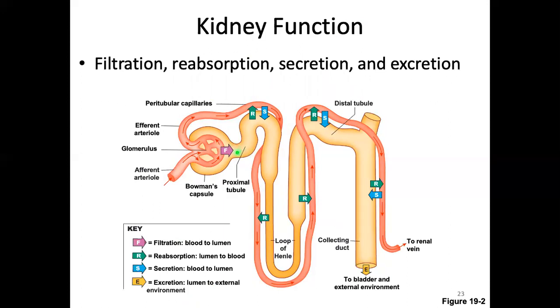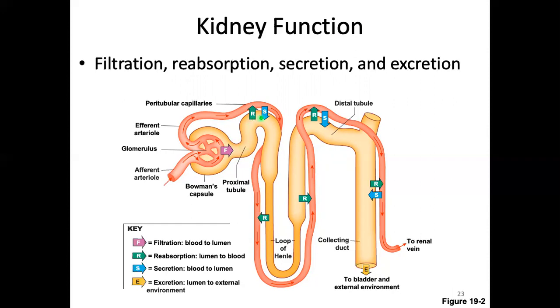When I say everything else, would glucose be filtered out? Yes. Would sodium ions be filtered out? Yes. Would bicarbonate? Yeah, it would. What about CO2, oxygen? Yes. Amino acids, they would too. Okay, so you get the picture. All the small things get filtered out.